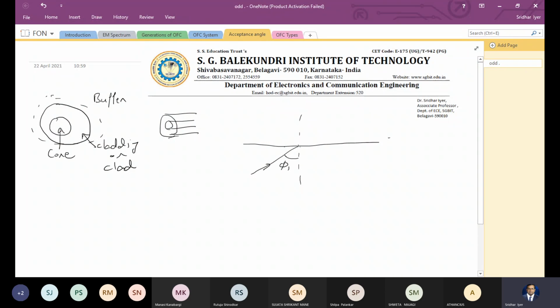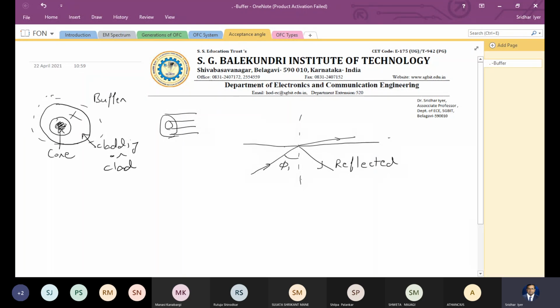So part of this incident ray will get refracted, and part of it is going to be reflected, right? So what we discussed yesterday was we want all of the light to be only inside the core of the fiber here, right? We do not want any light to be inside the cladding.